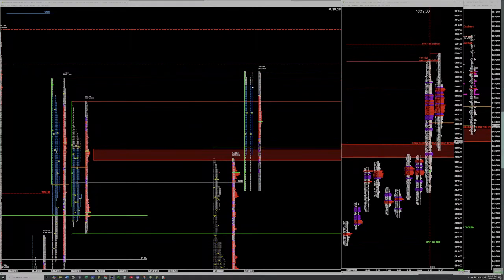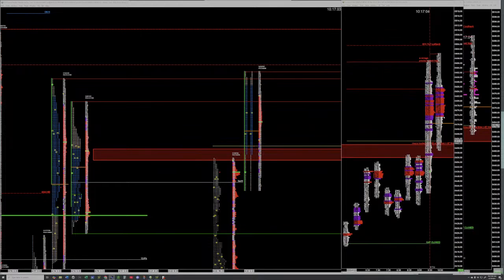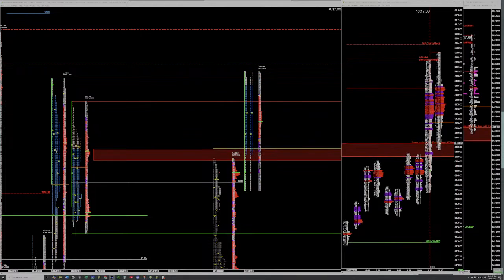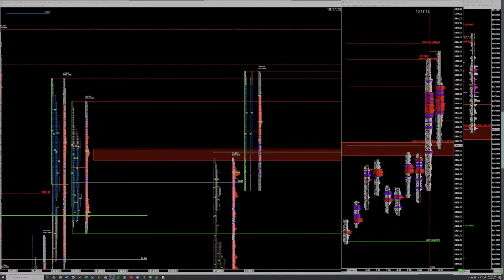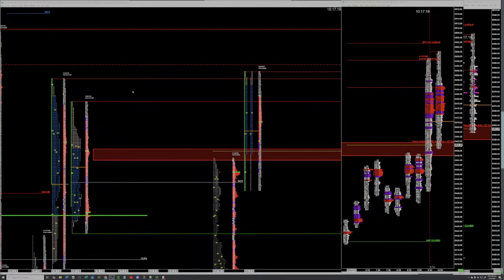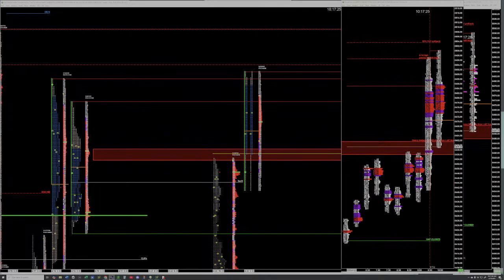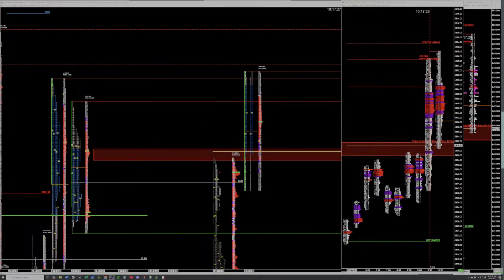When I see these drops, look what's happening to volume here. It's drying up. Somebody's just pushing this market lower, lower, lower, then higher, higher, higher. Coming back to the opening.